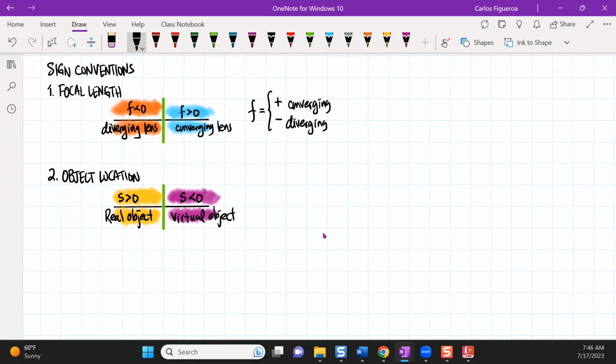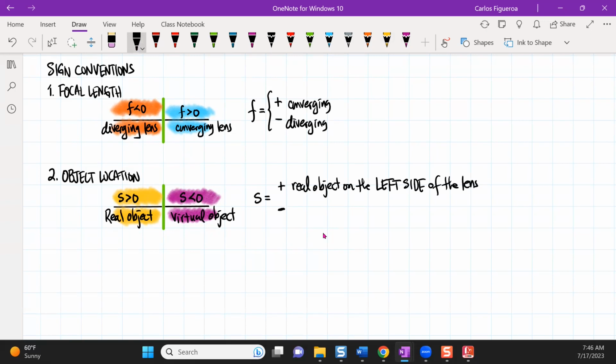So if I look at my sign convention, if I see a positive sign, this means I have a real object on the left side of the lens.